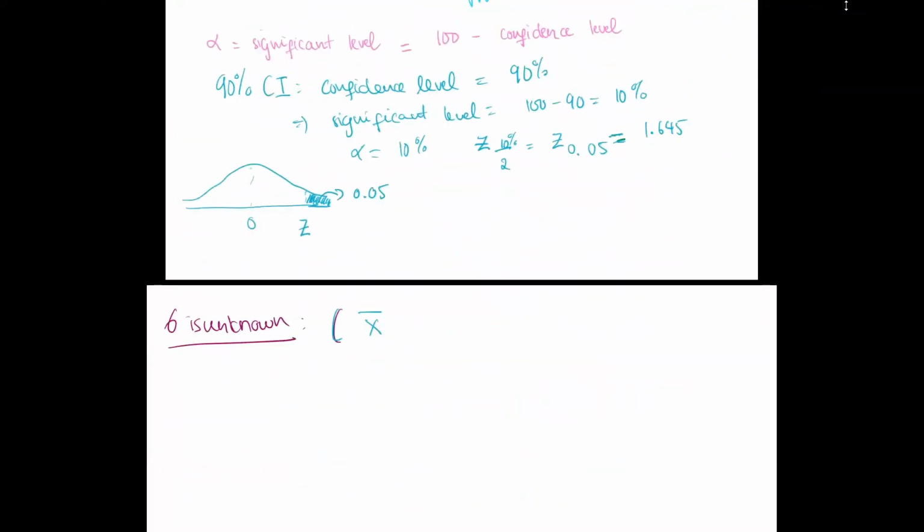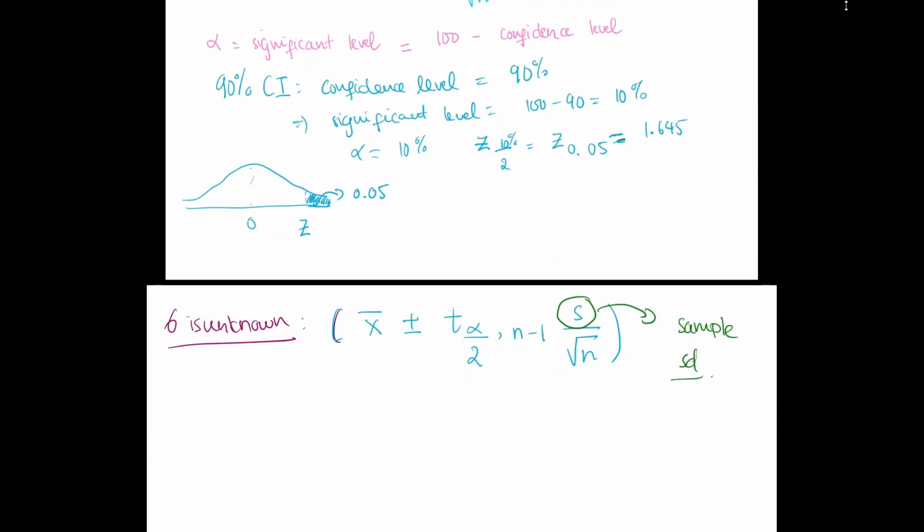It would be x bar plus minus t at alpha divided by 2. And then you will have n minus 1 here. And here you can use the sample standard deviation. This one is the sample standard deviation.